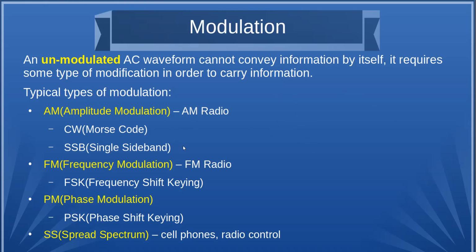And then we also have single sideband, which is a special case of AM modulation, where we only transmit one sideband of the signal. When you generate AM, if you look in the frequency domain, you're going to see the carrier, and you're going to see an upper and a lower sideband, which are the audio signals offset in frequency. So they're one above and one below the carrier.